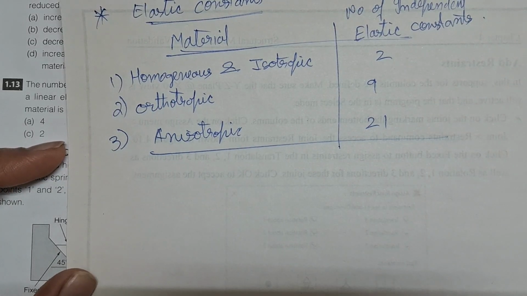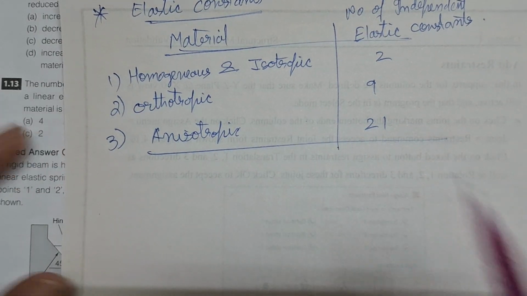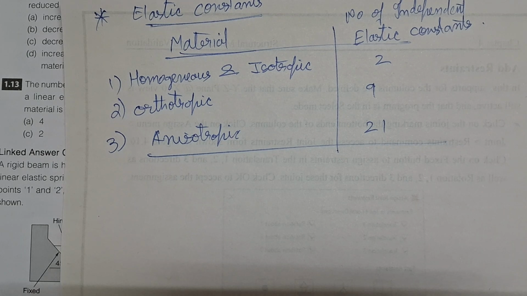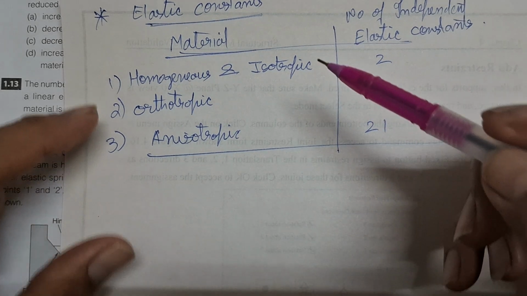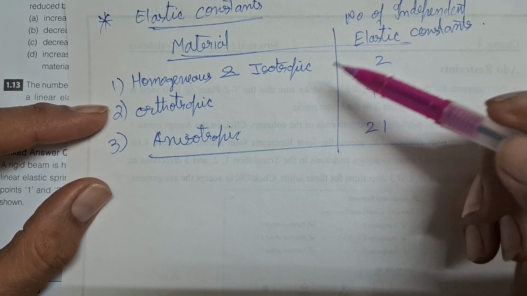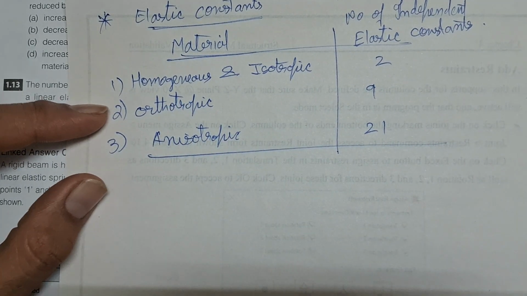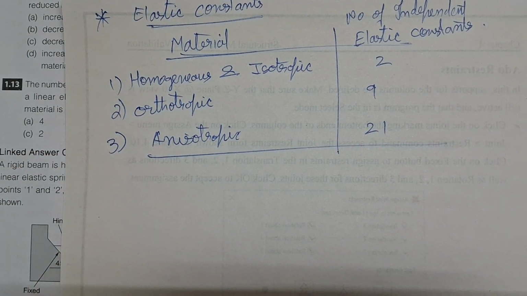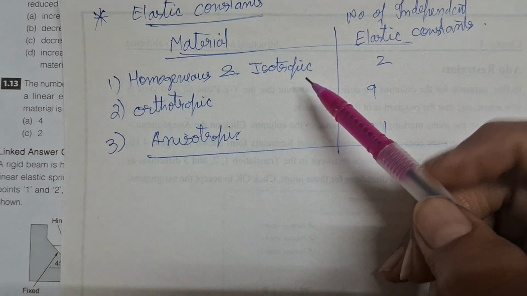So what do you mean by homogeneous and isotropic? Generally in strength of material, whatever numericals we are solving, the basic assumption itself is that the material is homogeneous and isotropic. Homogeneous means the material is uniform, and isotropic means the internal elastic properties in all directions are same, equal.